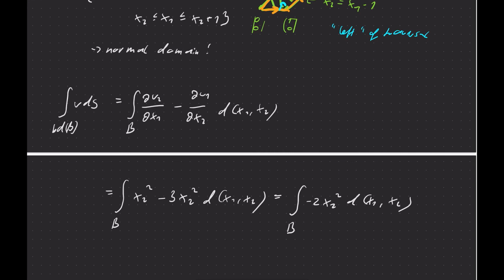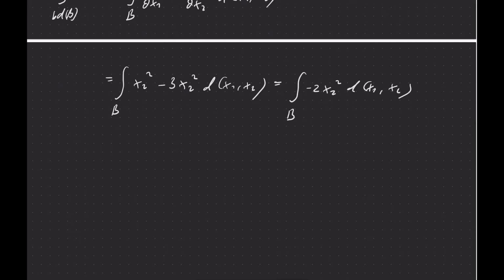We know the description of B already, and this is a continuous function, so nothing can go wrong here if we apply Fubini's theorem. So that means we can just use integration over normal domains as we used to. Let's take out the minus 2 to make things even easier. The outer integral needs to go over x2, from 0 to 1.